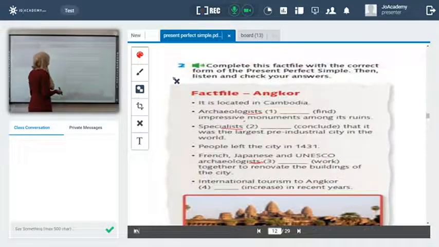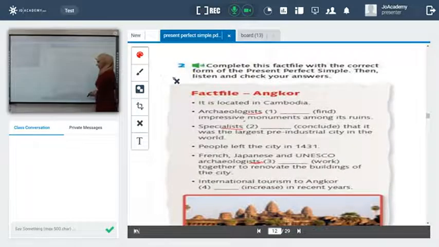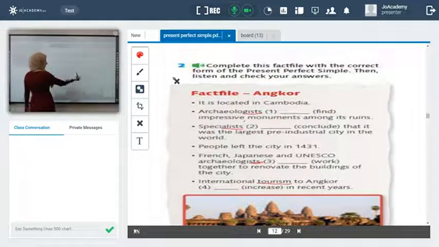Now let's have a look at number 4. The last one. Sorry. International tourism to increase in recent years. What's the right answer? Here we have a singular noun, tourism, just tourism.